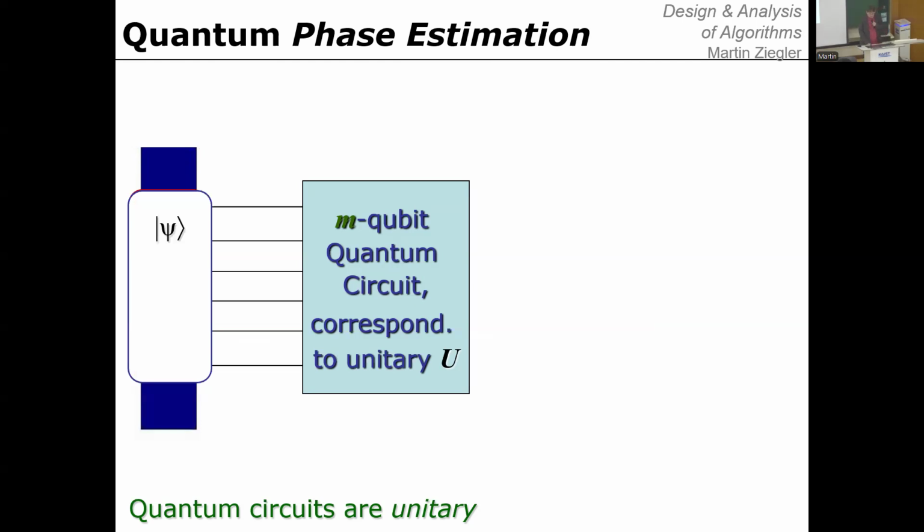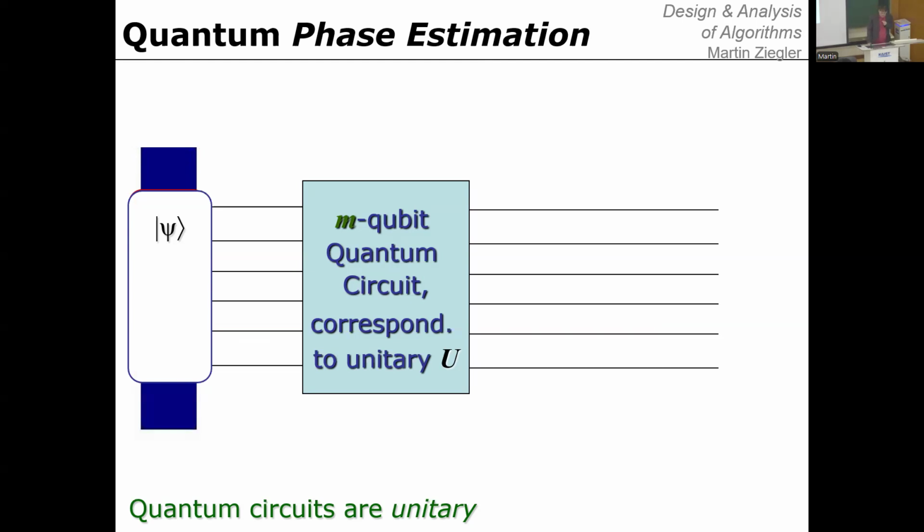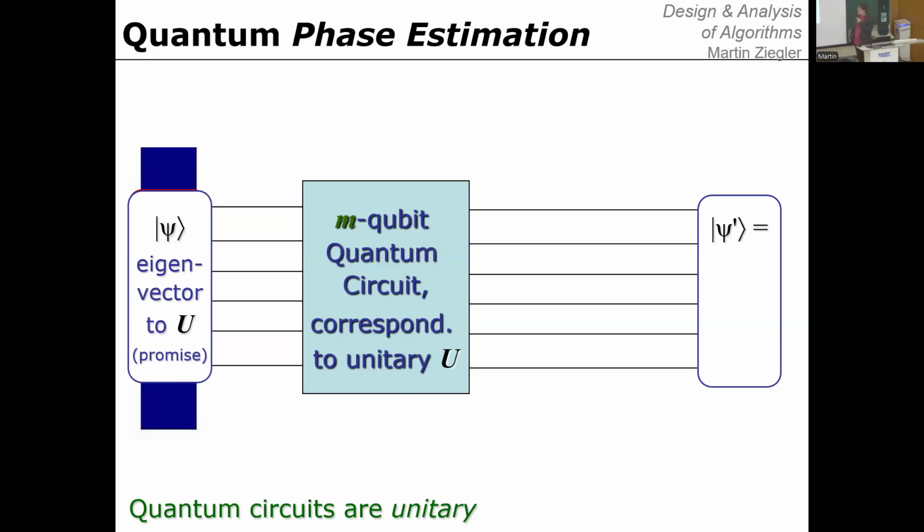So we fix such a unitary operator given by some m qubit quantum circuit. So it's a 2 to the m times 2 to the m matrix, and we're given an input state which is promised to be an eigenvector. And eigenvector means applying this unitary matrix results in a scalar multiple of the input vector.